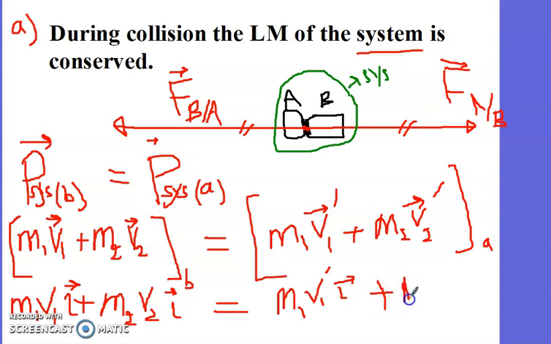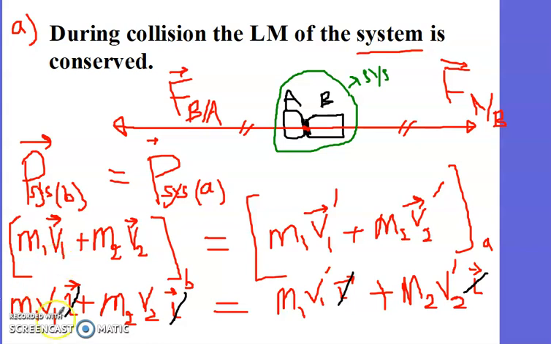Plus M2 V2 prime I. Now you can cancel the unit vector I as you see here, right? You can eliminate I while you keep the values of V1, V2, V1 prime and V2 prime in algebraic number. I mean, the quantity could be a positive number or a negative number.